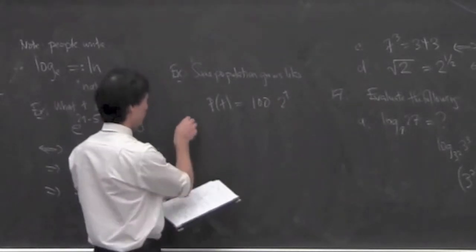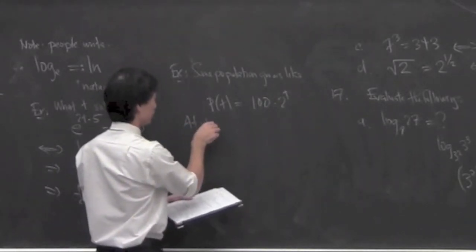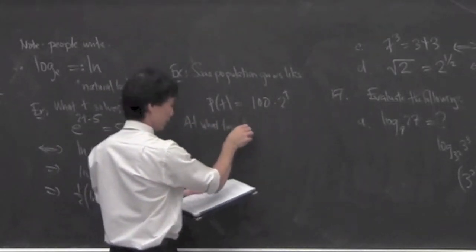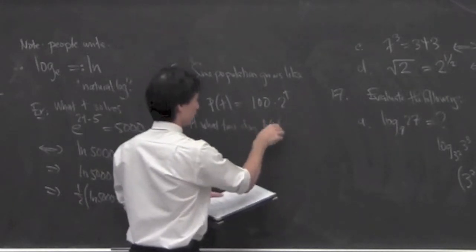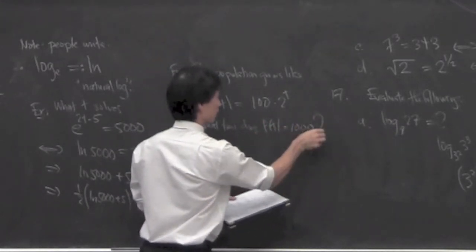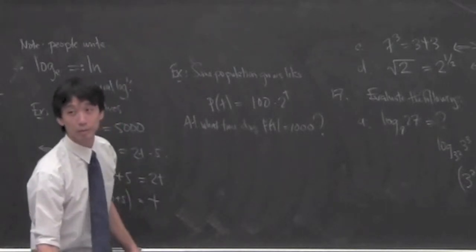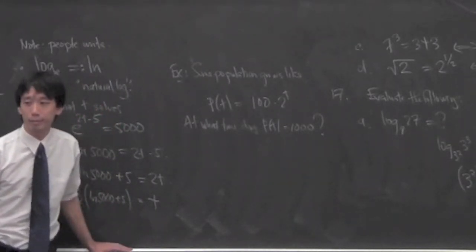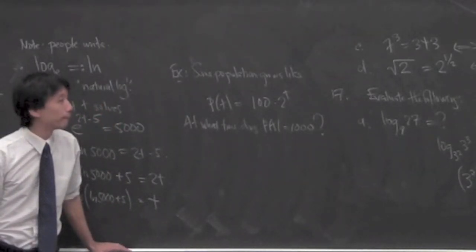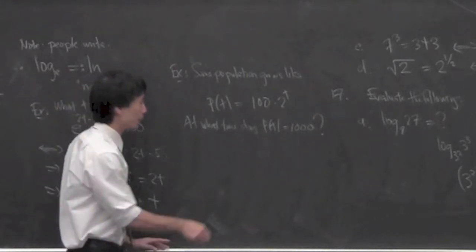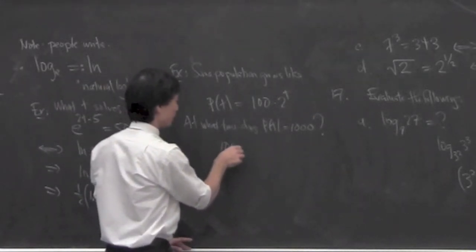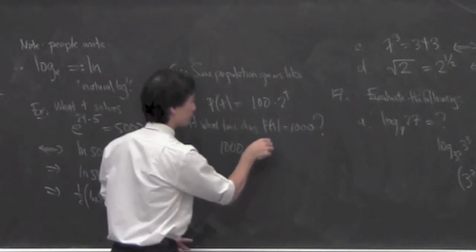The question is, at what time does p of t equal 1,000? So you just set 1,000 equal to p of t.